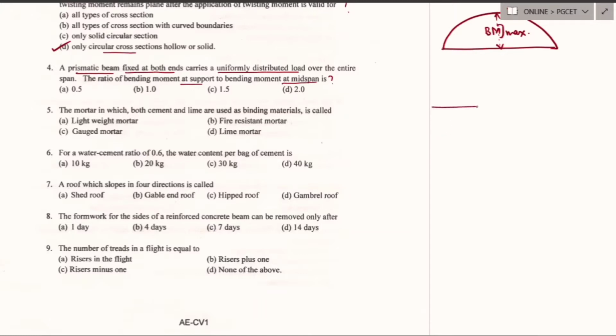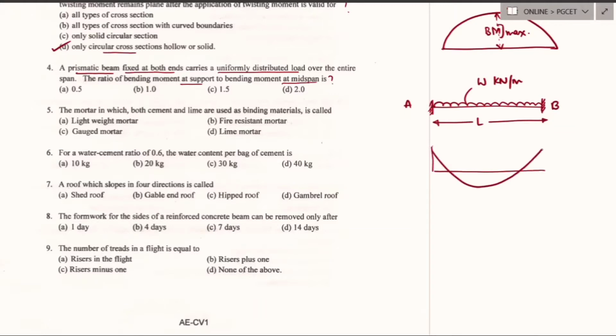Consider a prismatic beam fixed at both the ends of span length L with uniformly distributed load w kN per meter, and the bending moment diagram for this prismatic beam is like this.